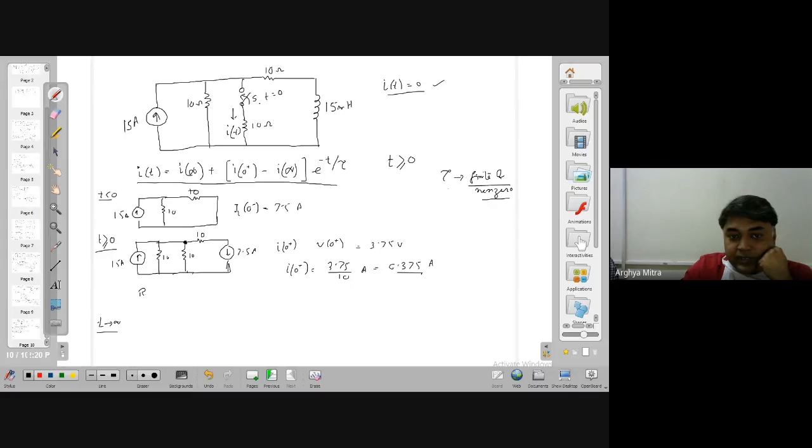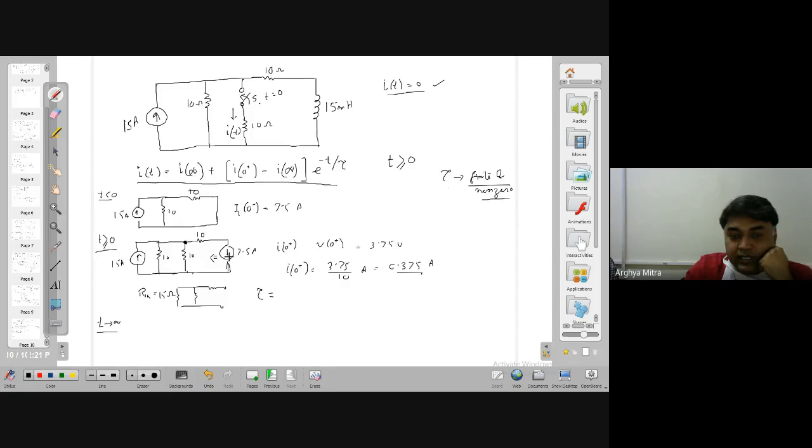What is RTH? Looking back into the terminals with respect to this inductance, with the inductance open circuited, I have 10 ohm, 10 ohm, 10 ohm here. So RTH will be 10 plus 10 parallel 10, that means 15 ohm. And what is tau?